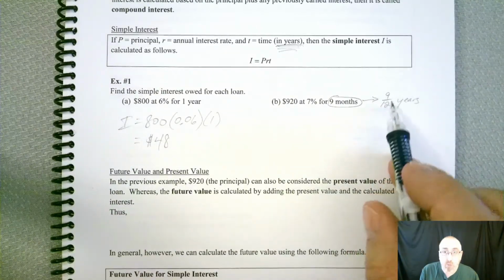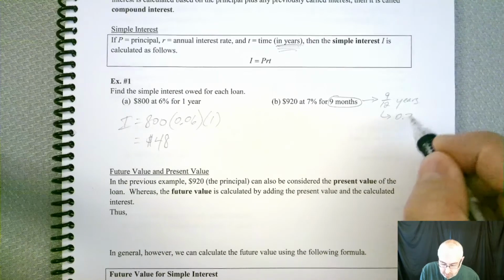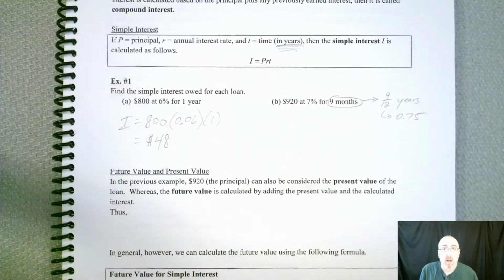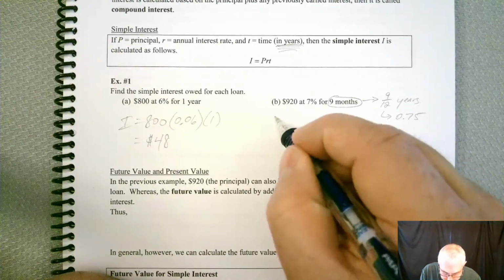In this case, we could divide that to get a decimal. If you wanted to do that, you could divide and get 0.75, and that's fine. But you don't always get a nice decimal. In those cases, you want to be really careful because you don't want to round things off while you're doing the problem, because that's going to affect the final amount of money that's going to be generated.